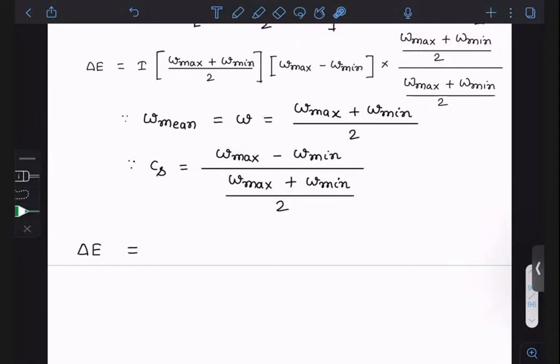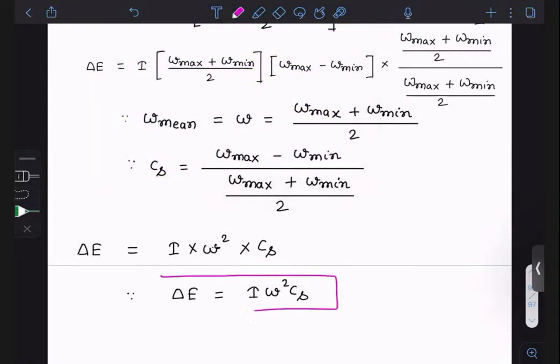So you can write I into omega square, and this term upon this is nothing but CS. So the formula is derived: delta E, the fluctuation of energy in a flywheel, is I omega square CS. Very, very important formula. Hope you have already remembered this result, right?